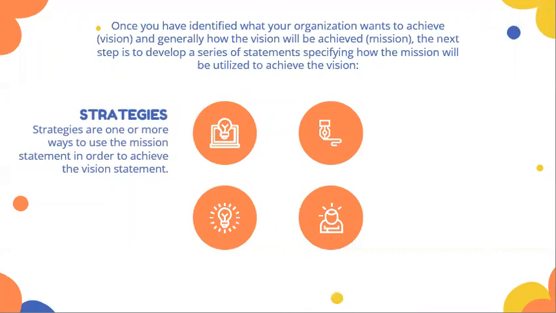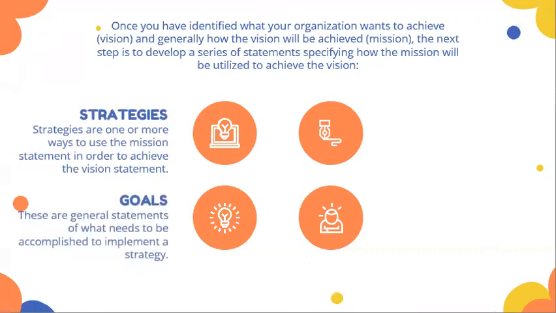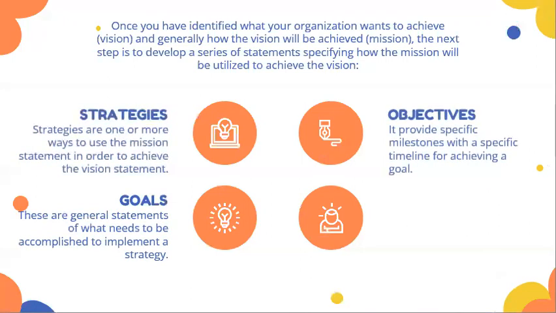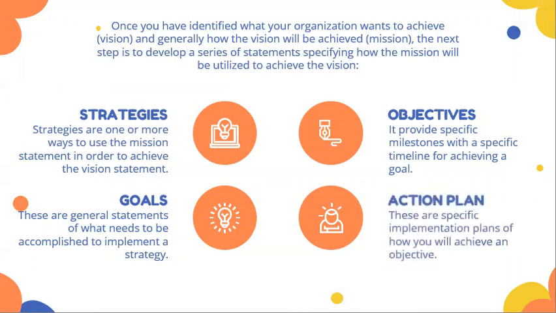Strategies are one or more ways to use the mission statement in order to achieve the vision statement. The goals. These are general statements of what needs to be accomplished to implement a strategy. The objectives. It provides specific milestones with a specific timeline for achieving a goal. And action plan. These are specific implementation plans of how you will achieve an objective.